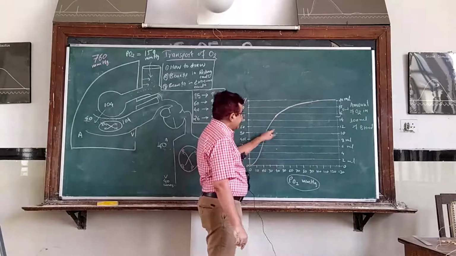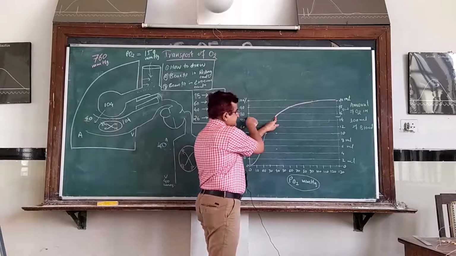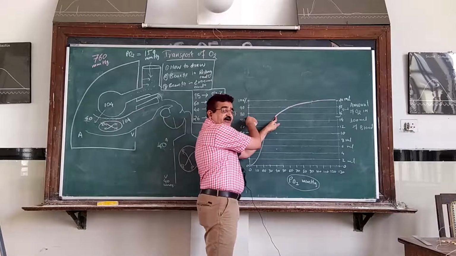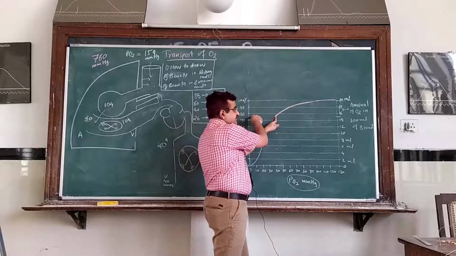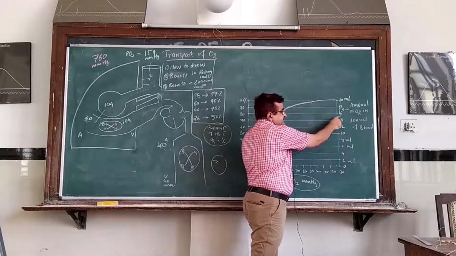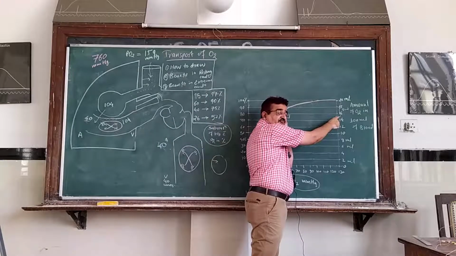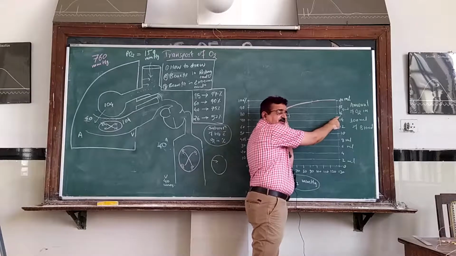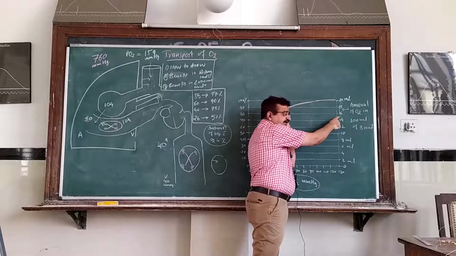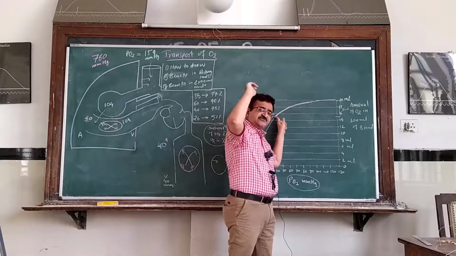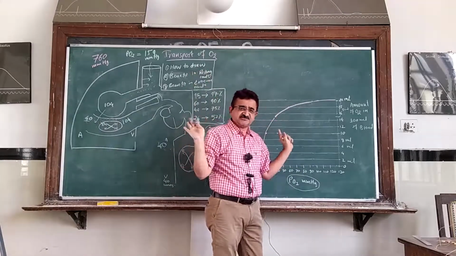At 40 millimeter of mercury, it is 75% saturated, and right now at high altitude, your blood is containing, at the arterial end, 15 ml of O2 per 100 ml. Now, what is the need? The need is 5 ml of O2, because even at high altitude you are still in the resting state.